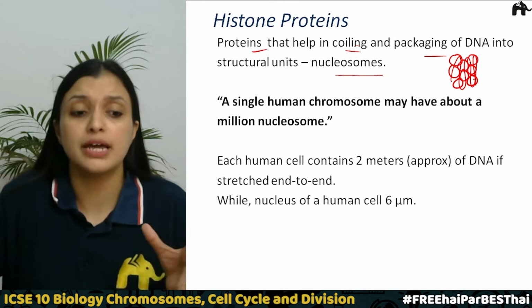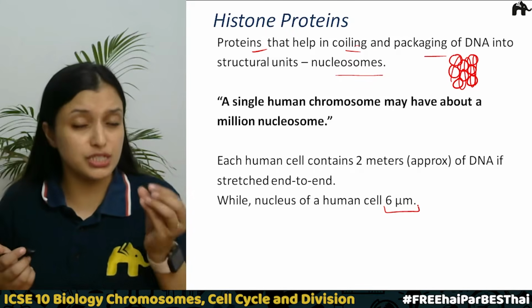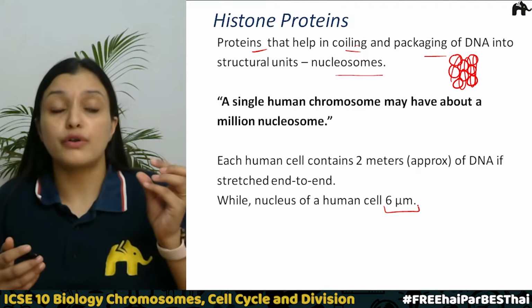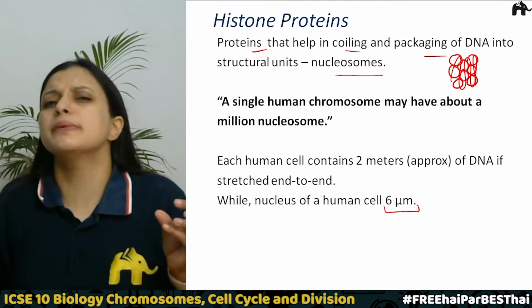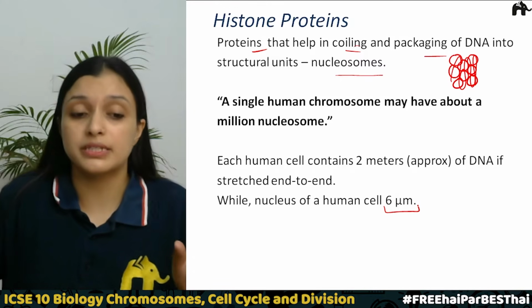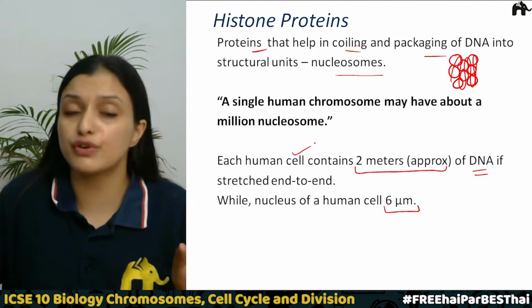Now we know that a human nucleus is just 6 micrometer, right? So it is very small. But the approximate length of the DNA molecule is around 2 meters in a human cell.